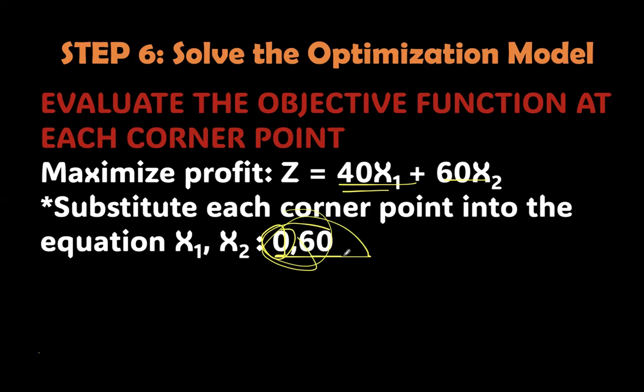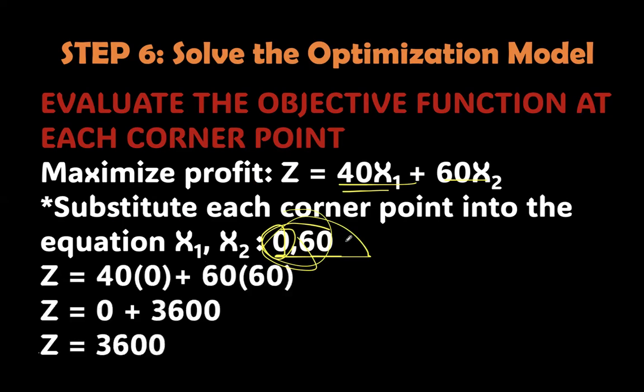How can you deal with that? It's basic actually, so let me run it through. 40 times 0, then plus 60 times 60. It will become 0, then 3,600.